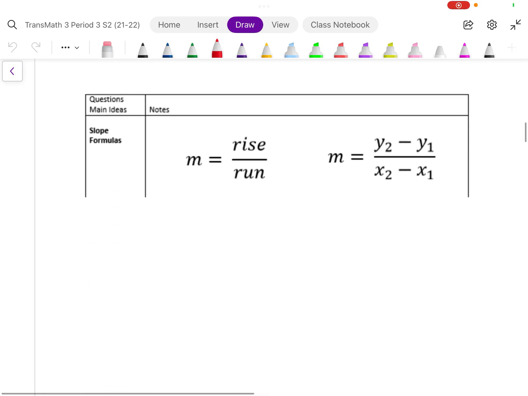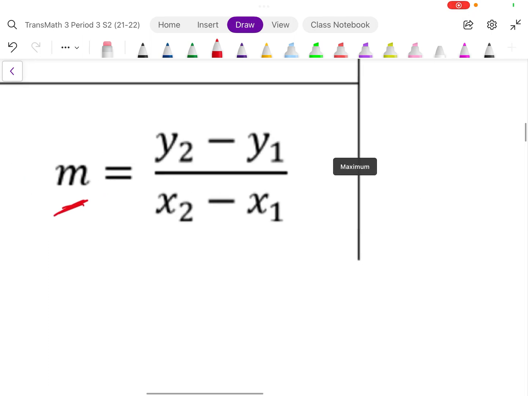Okay, so we have our slope formulas here. We talked about the one on the left, rise over run, where we use the letter M to represent slope. Another way of thinking about it: M is equal to y2 minus y1 over x2 minus x1.